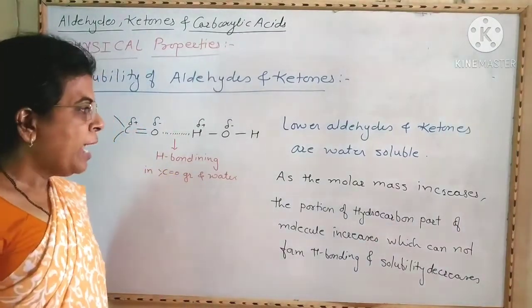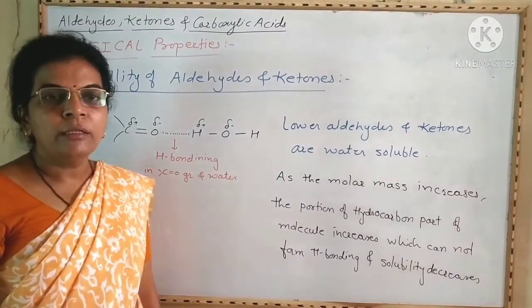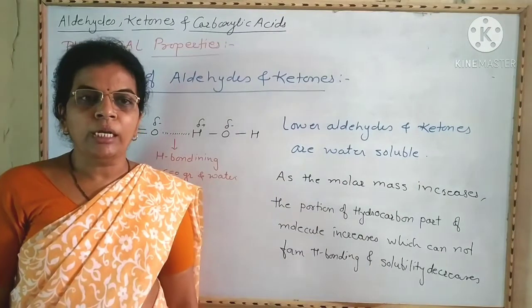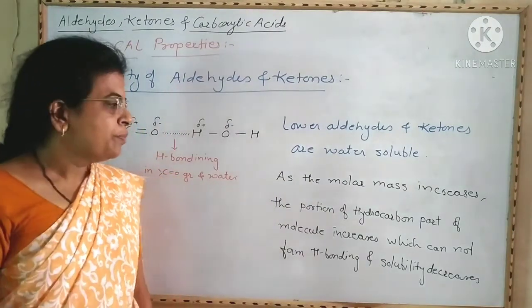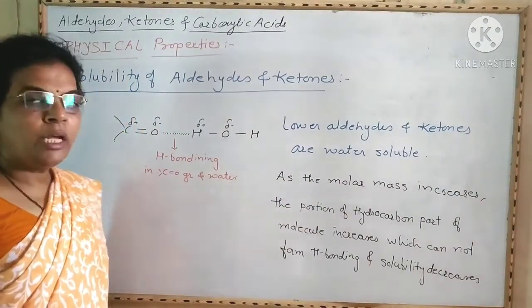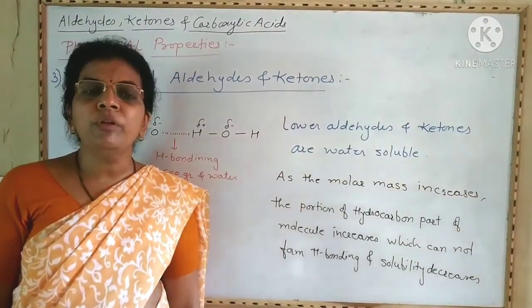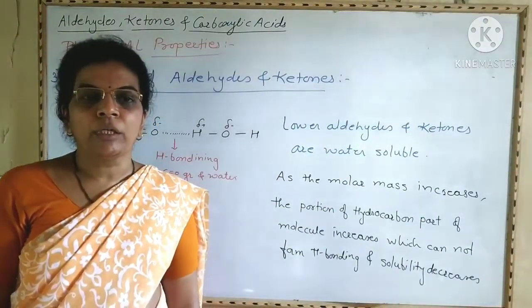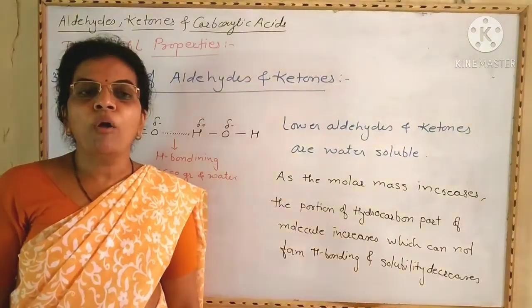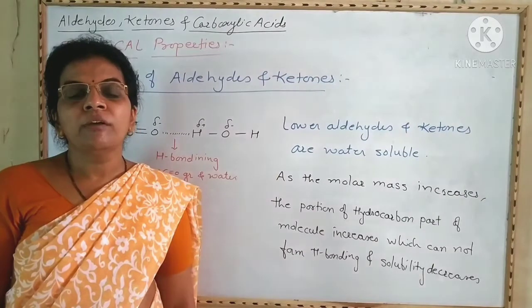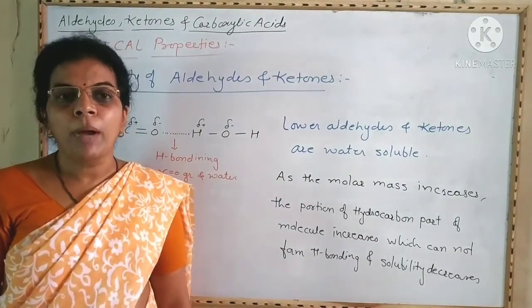But as the molar mass increases, the hydrocarbon portion of the aldehydes and ketones increases, and therefore formation of intermolecular hydrogen bonding with water does not take place, and therefore solubility of aldehydes and ketones decreases with increase in molar mass.